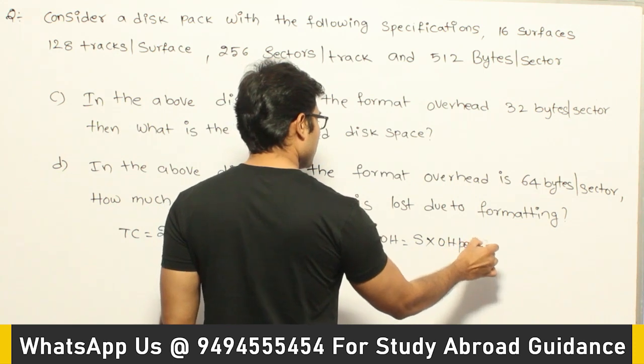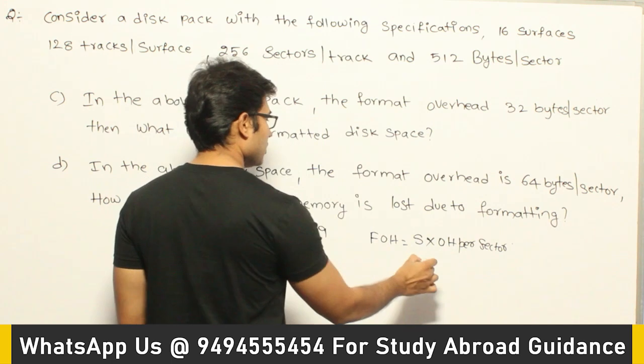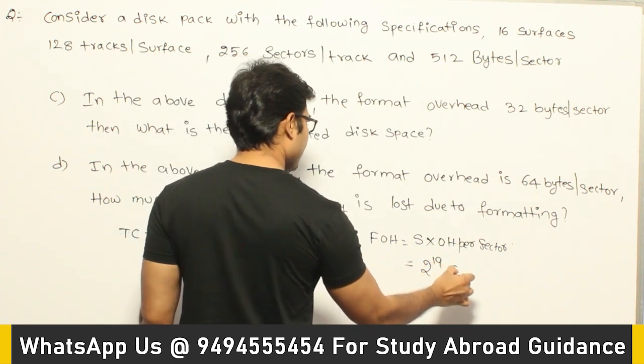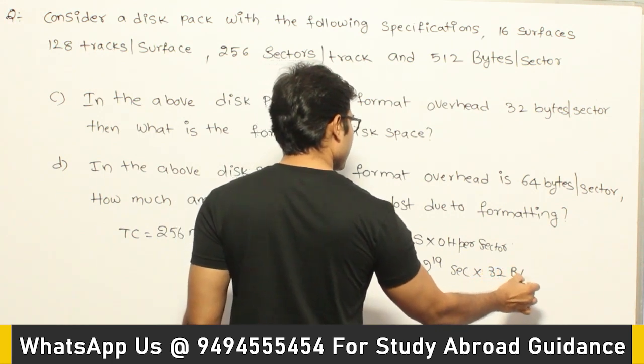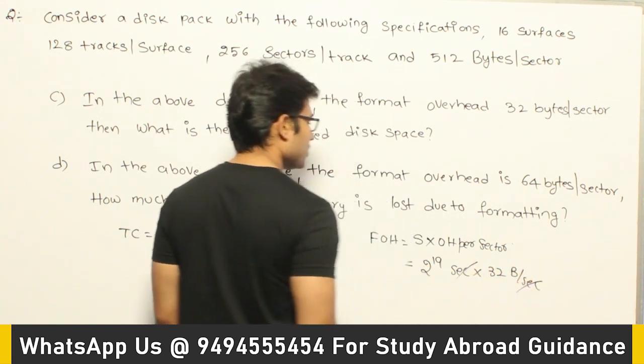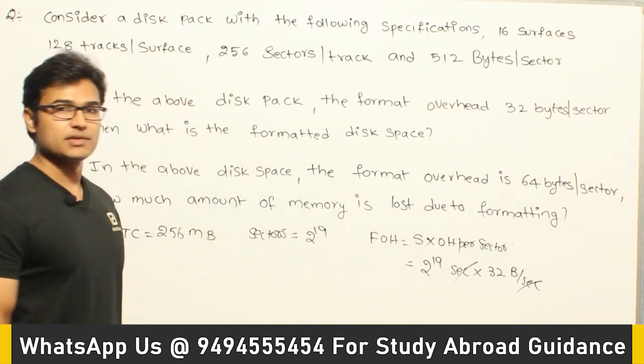The number of sectors is 2 power 19, and overhead per sector is 32 bytes per sector, right? Now what are we going to get? The total overhead in terms of bytes.